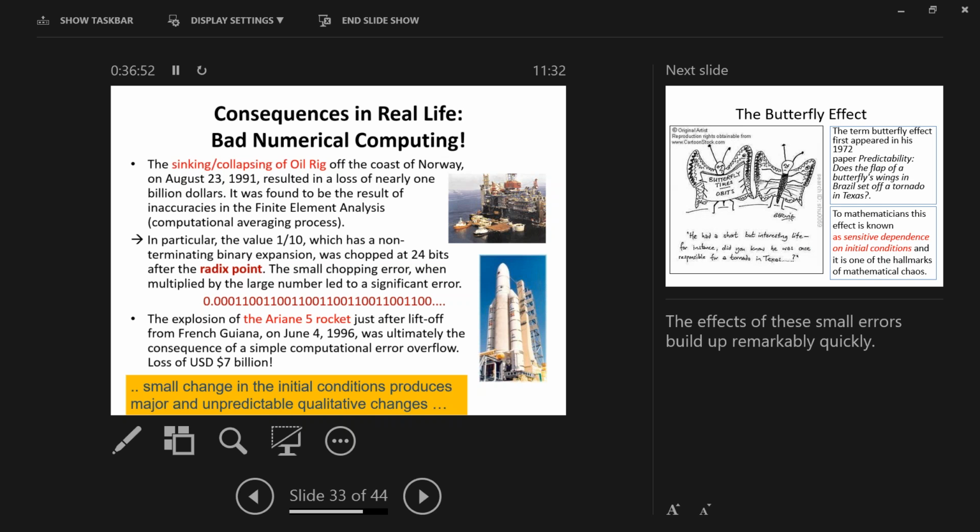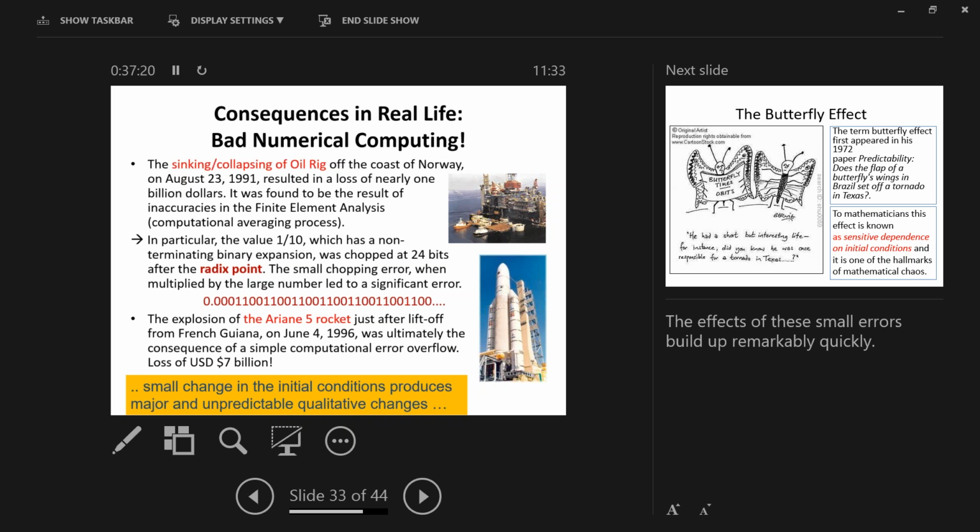So what happened is the value of 1 by 10, which has a non-terminating binary expansion, was chopped at 24 bits after the radix point, because this is a binary expansion. It is not a decimal point, it is a radix point.